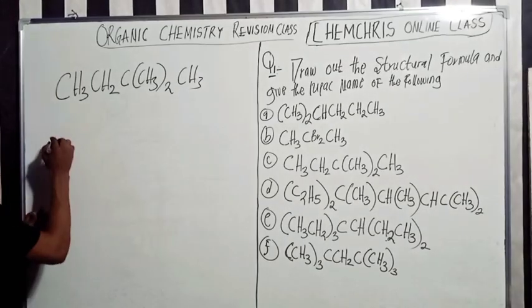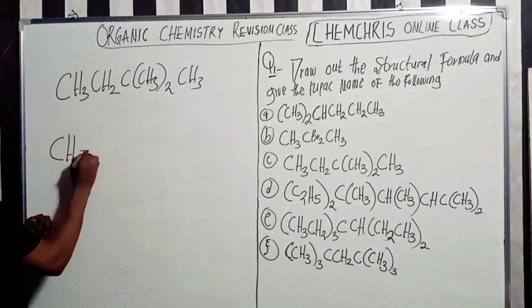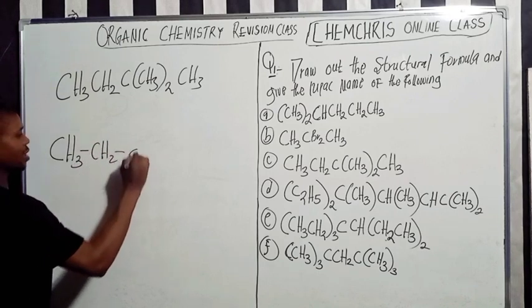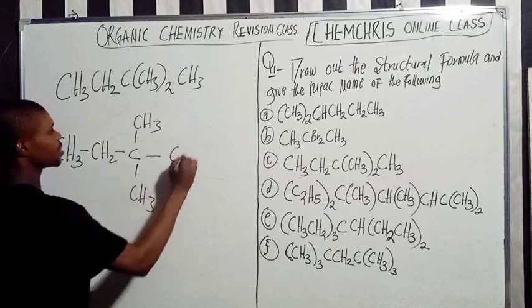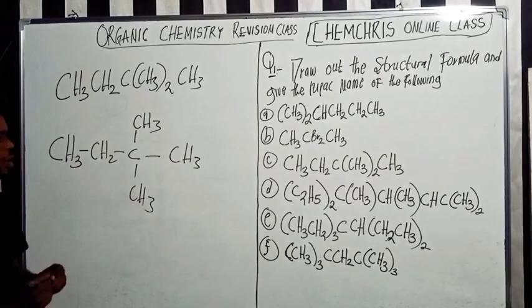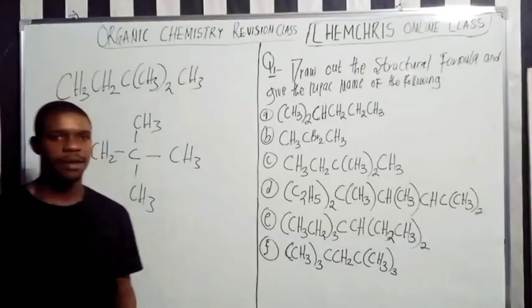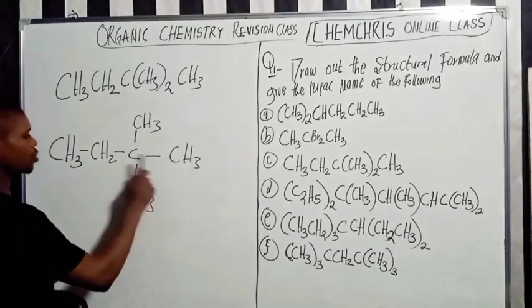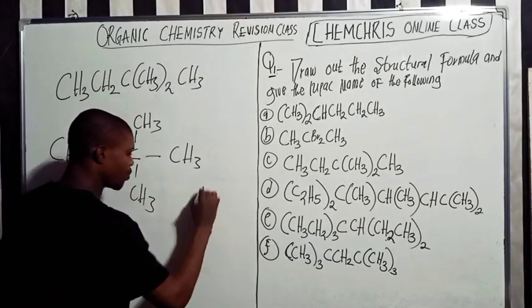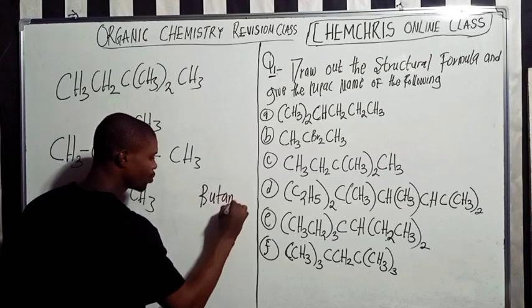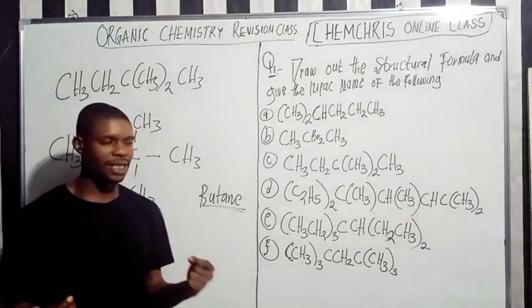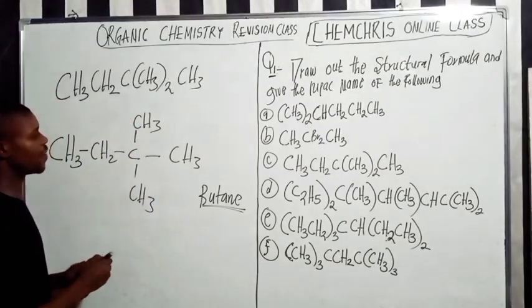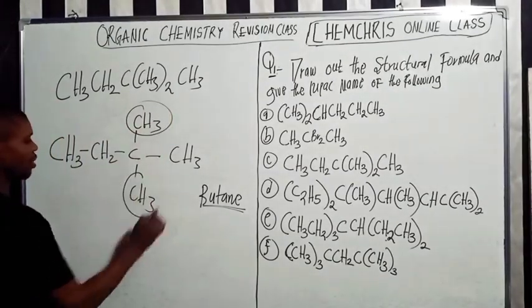So we're going to have CH3, CH2, C, CH3, and CH3, right? So what is the parent name? Parent name is what? 1, 2, 3, 4, butane. Because 4 carbon atoms, butane, right? Butane. Do you understand?